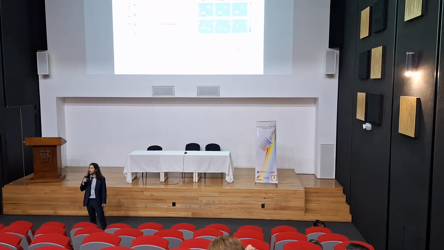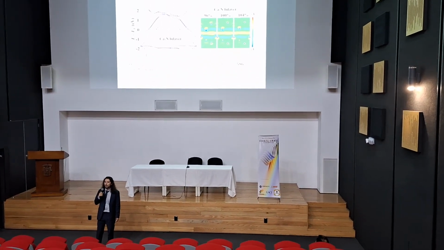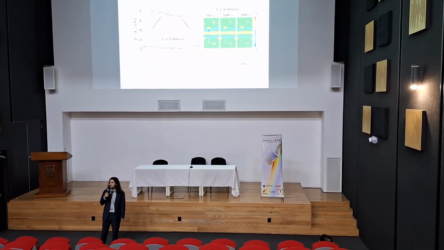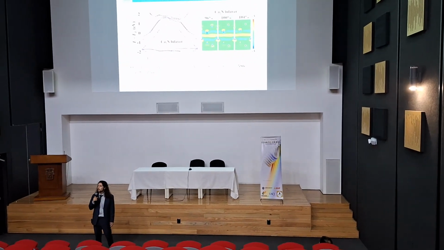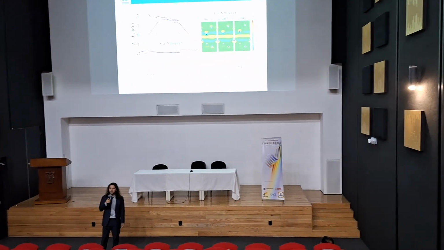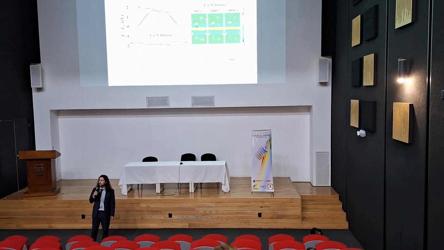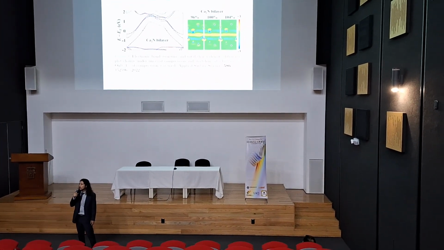For example, in the conduction bands, the variation is more remarkable compared with the valence bands. In the total charge density, we can see that with the compression, the charge density between the layers tends to rise. Next, please.